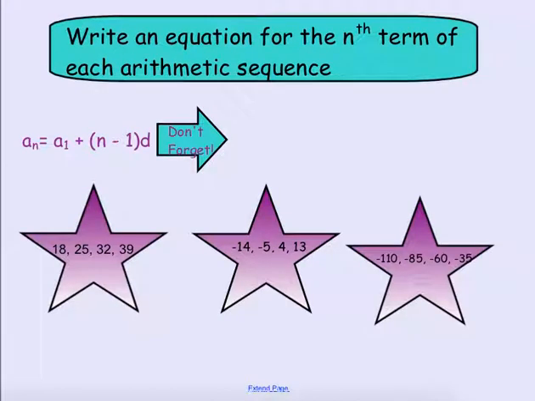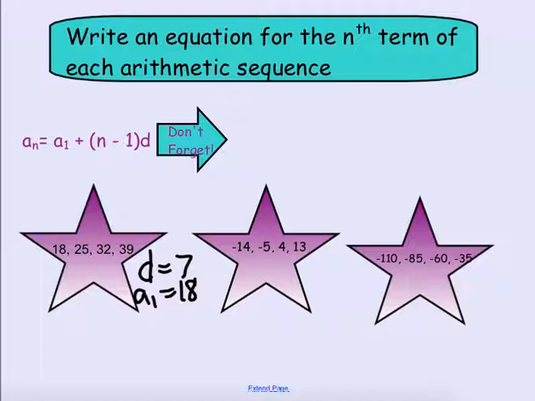So if we have 18, 25, 32, 39, that means we're adding 7, our d is 7. And my a sub 1 is 18.